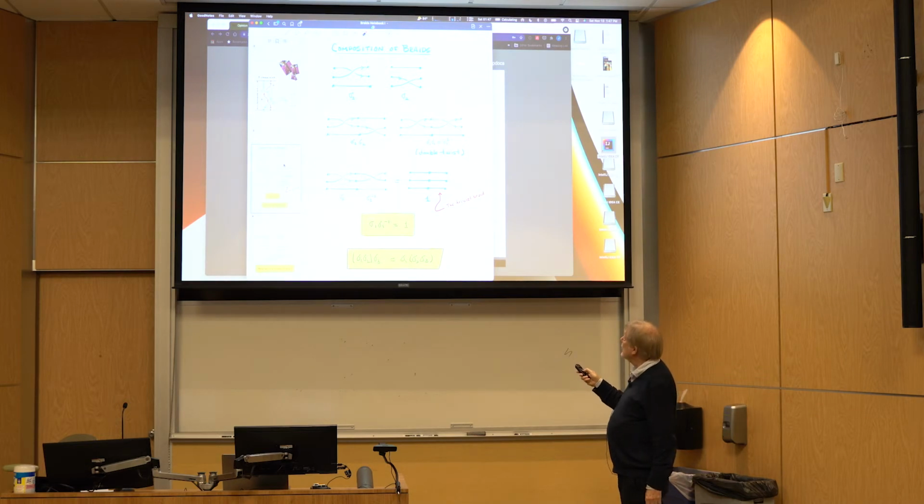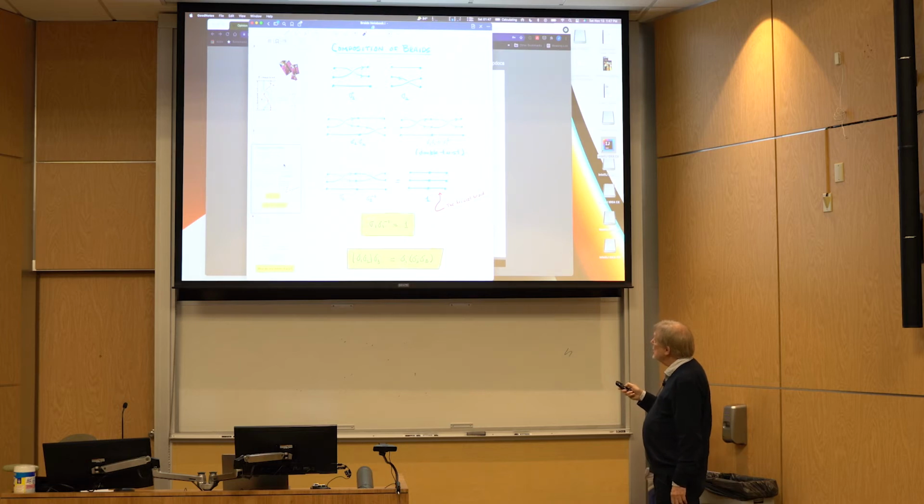As a sneak preview, that's going to be the identity element in whatever the braid group is going to be. So we have these little equations here. Sigma 1 times the inverse of that braid is the identity braid. And I won't draw the pictures here, but you should think about this.